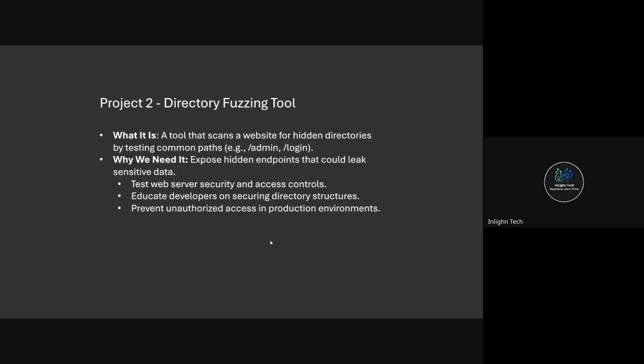By the way, how many of you are aware of directory fuzzing? If you are aware, you can just open your mic and answer my question. Roman: Sir, is it Gobuster? Your voice is not clear. Is it Gobuster? Anyone else?